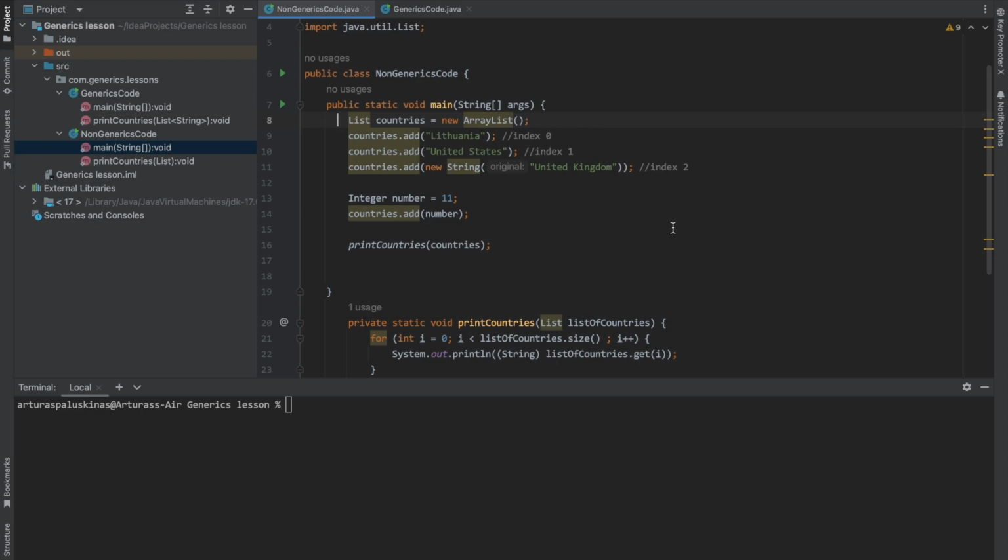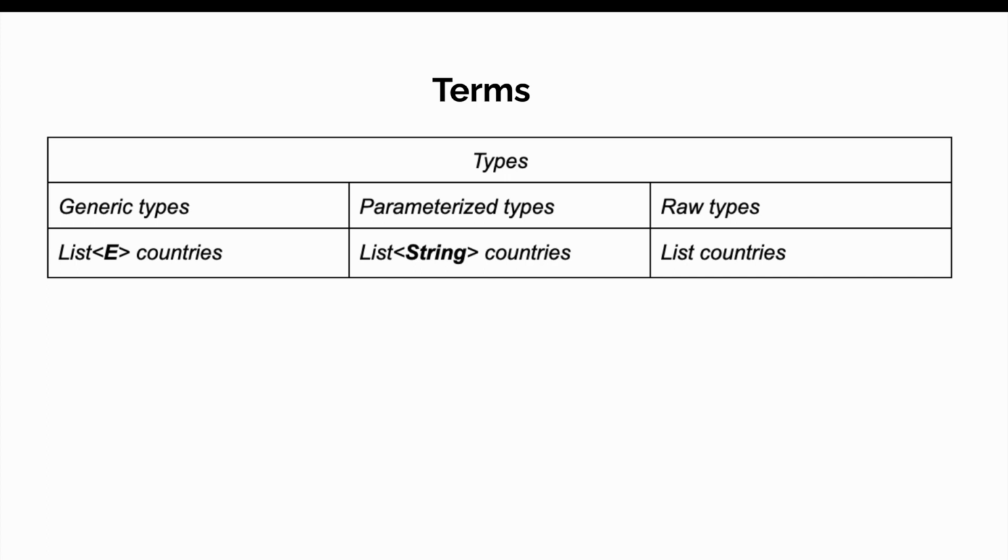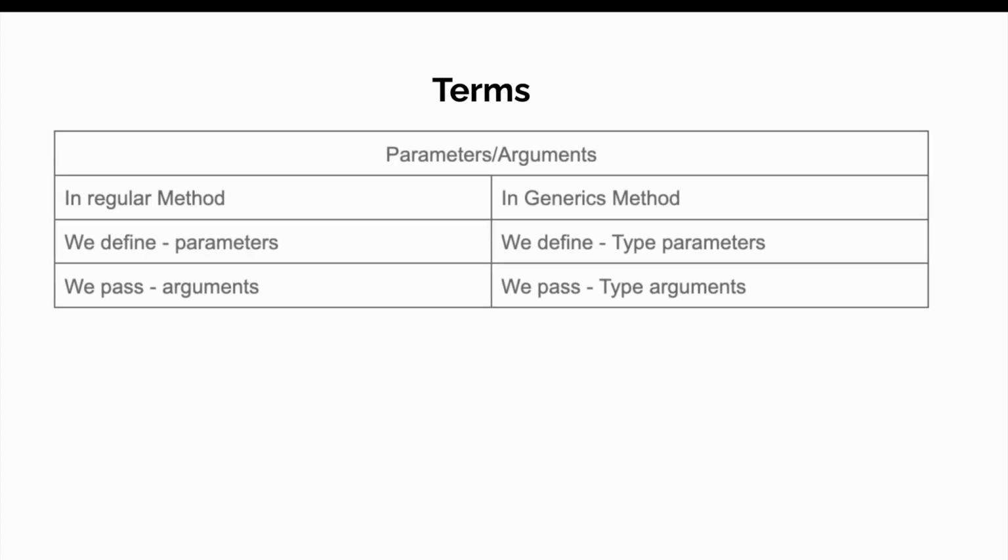Let's switch back to the slides. Parameters and arguments. Whenever you define a method, from the left side we have the method definition, and you might define a parameter.